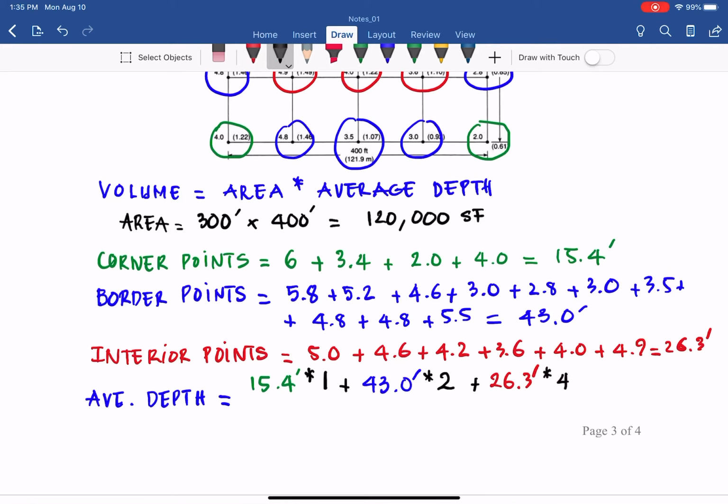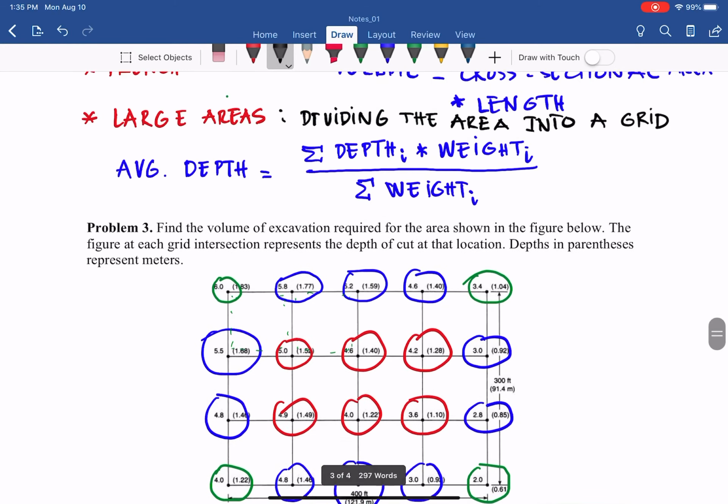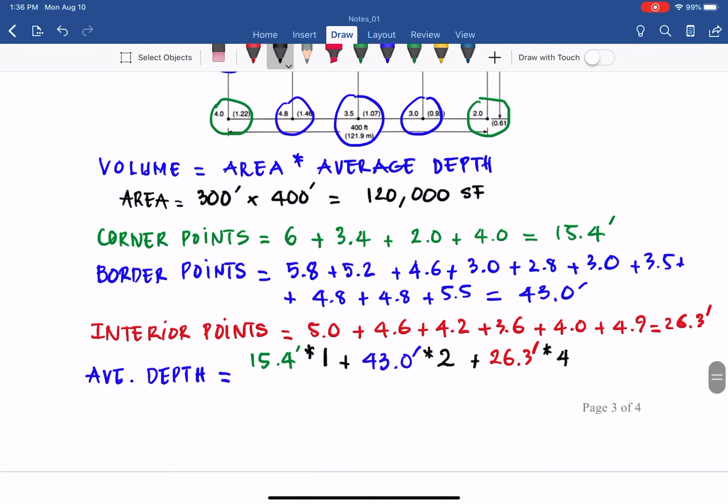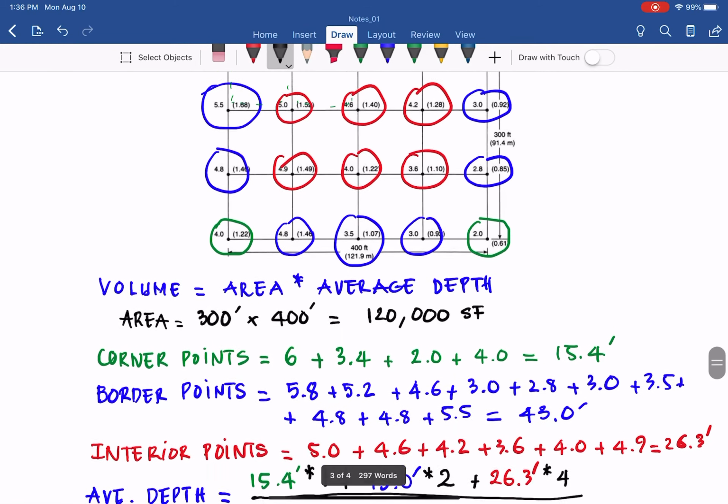That is the numerator of this equation, depth times weight, divided by the sum of all the weights. How can I determine the sum of all the weights? The weight for the corner points is 1, and how many corner points? 4, as you can see in green here.